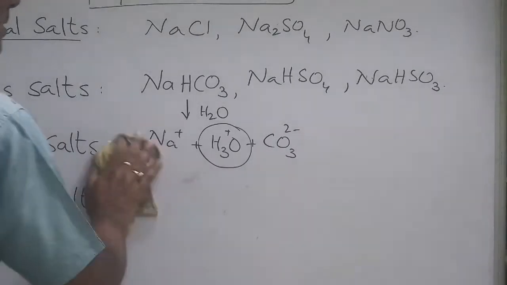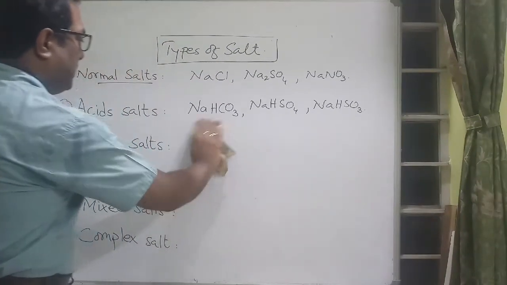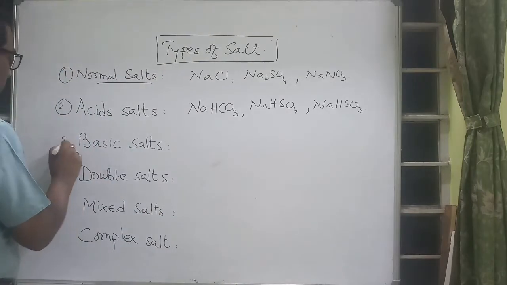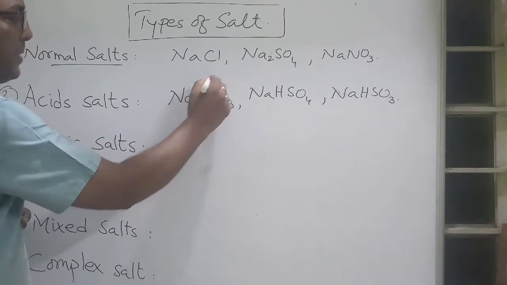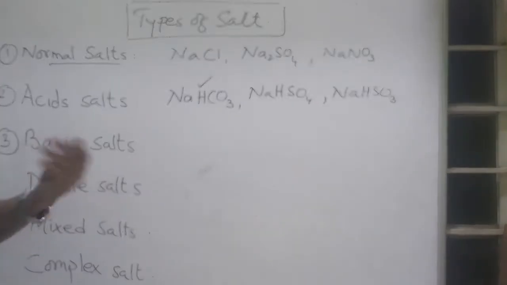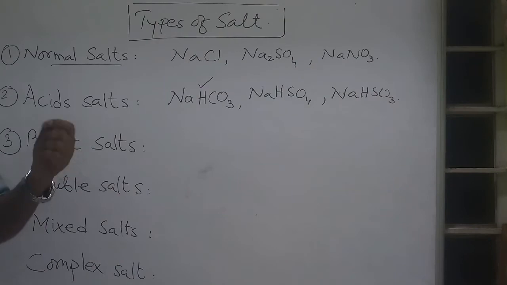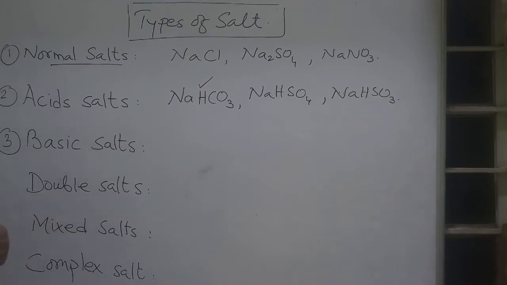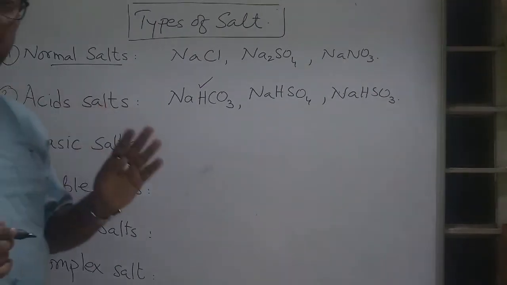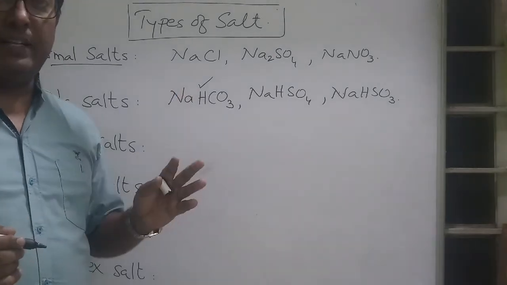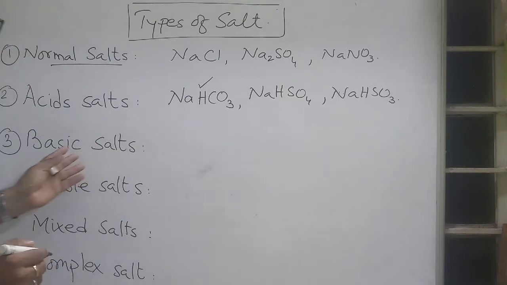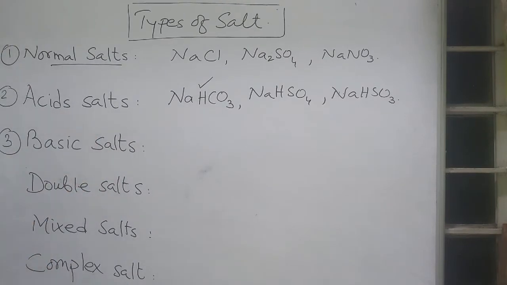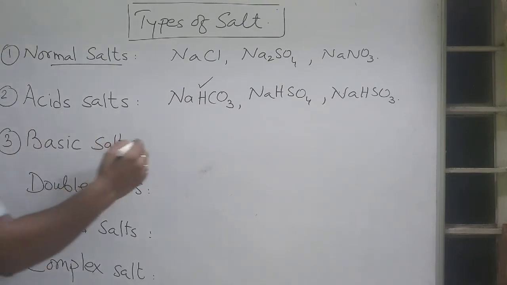Our next salt is the basic salt. In this basic salt, for basic salt there should be the presence of the OH group. And it is possible that all bivalent metal atoms can undergo forming the basic salt, as we have seen in the acid salts also.